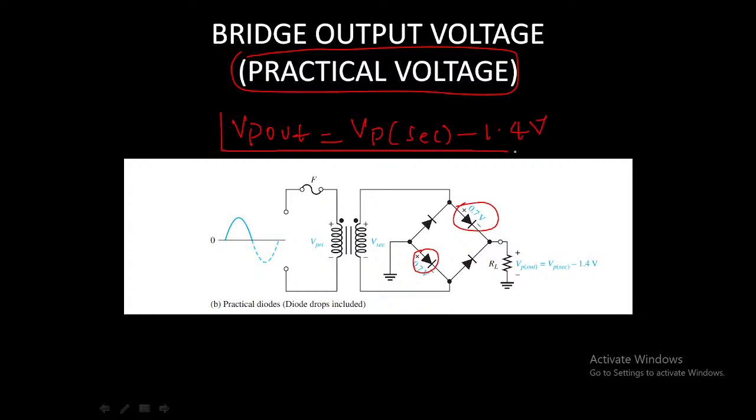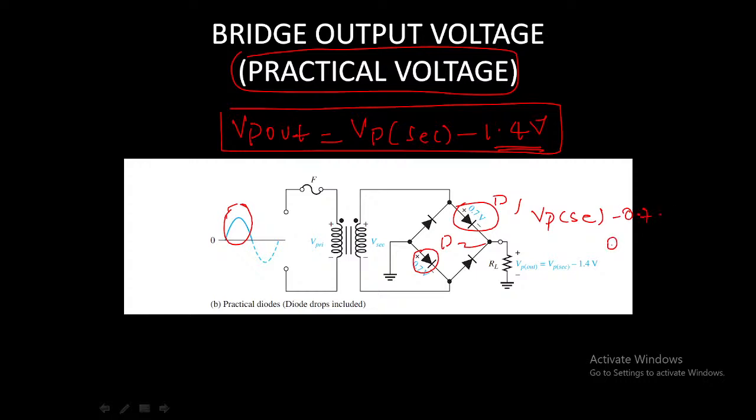Okay. So why 1.4? Here two diodes will be conducting, not only one diode. When there is a positive input voltage, then two diodes will be conducting. That is, here D1 and D2 will be conducting. That is VP secondary minus 0.7 minus 0.7. That is VP secondary minus 1.4.